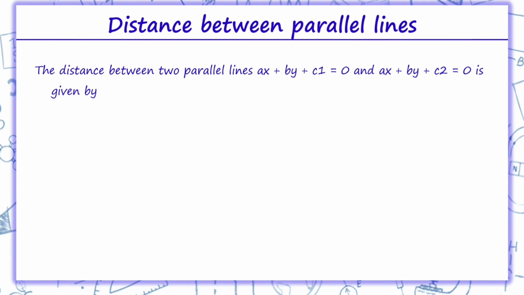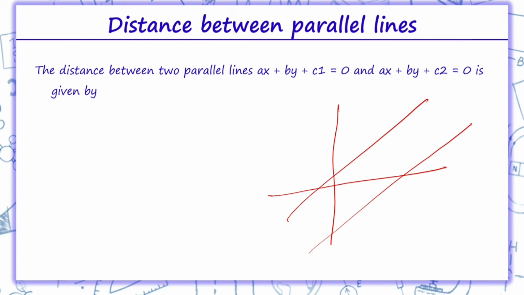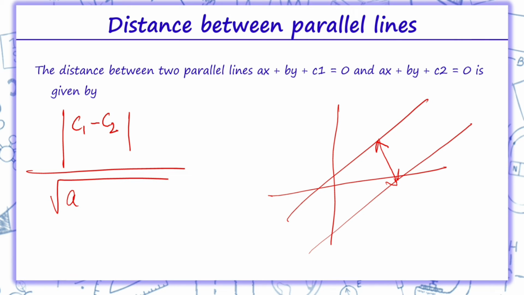Coming on to next. Next is when we are provided with two parallel lines. Let's suppose these are the two parallel lines and we have to calculate the perpendicular distance between them. In that case, the formula which we have to apply is mod of C1 minus C2 divided by the square root of a square plus b square.